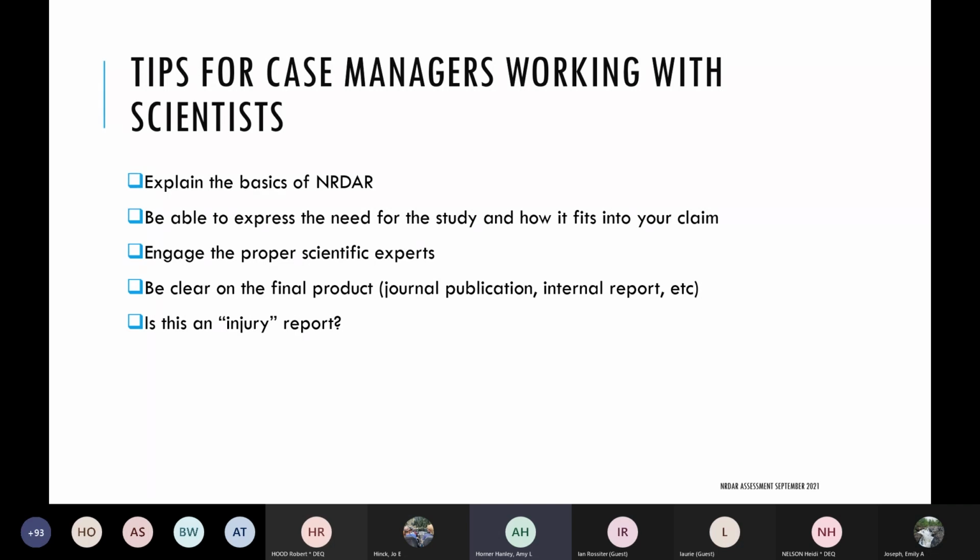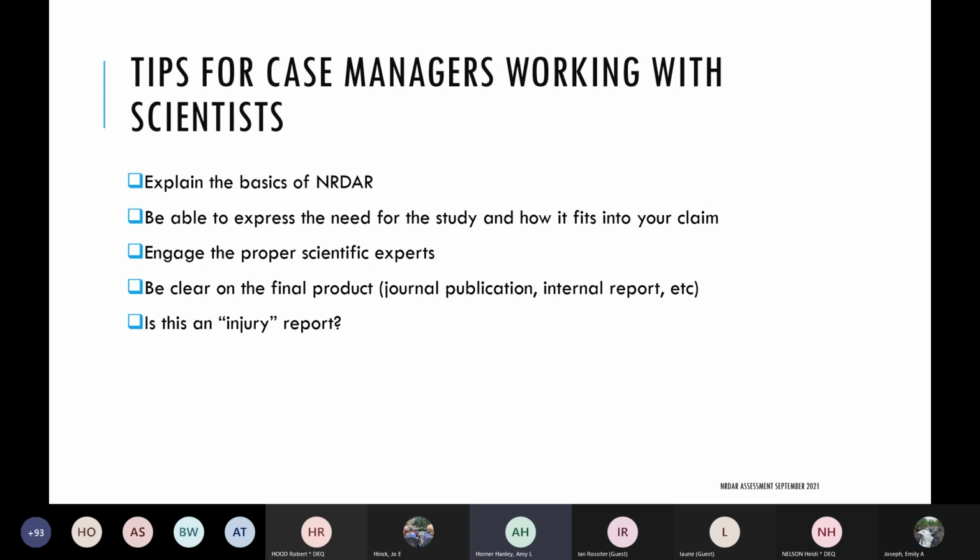But it might be a two-phase product, right, where you have a report and then you decide, oh yes, you know what, let's go forward and try and get this study published, right? You might not realize at first that you want it published, and so you might have to go back and renegotiate that. But I think it's really important to have those conversations about expectations.